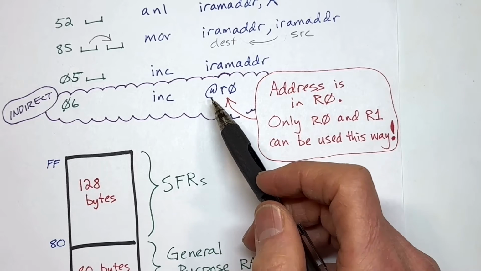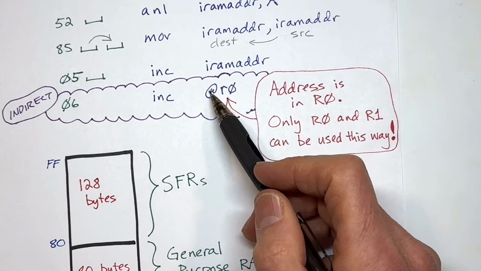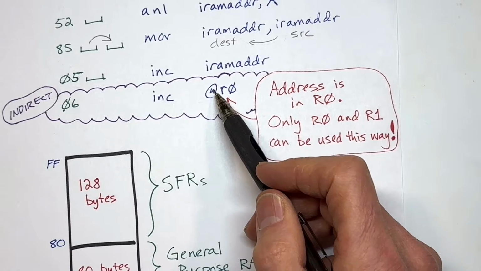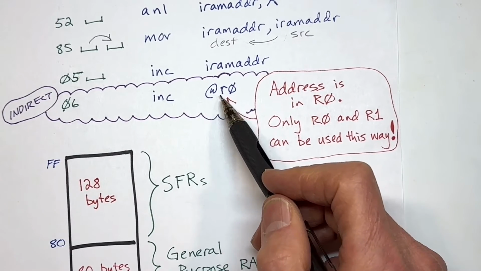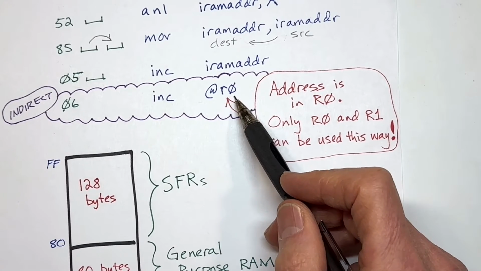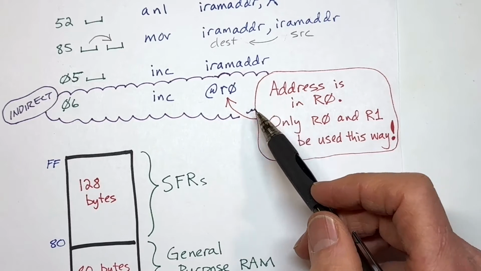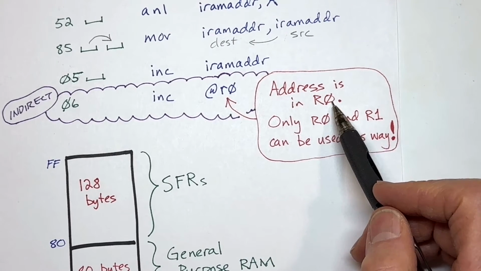And in the assembly code, we indicate that indirect addressing is being used with the commercial @ sign. So we can say @R0 or @R1. And those are our only two options here. And in this case, the address itself is in the register, either R0 or R1.